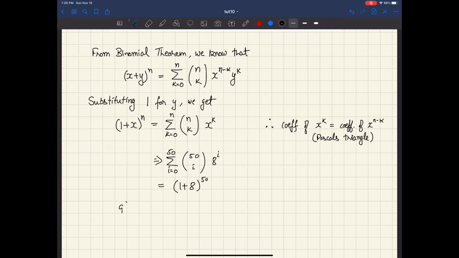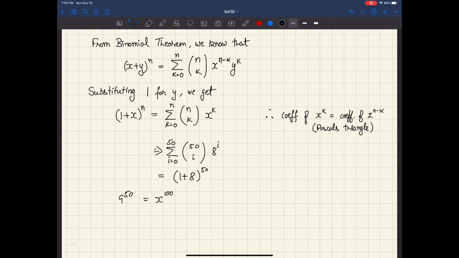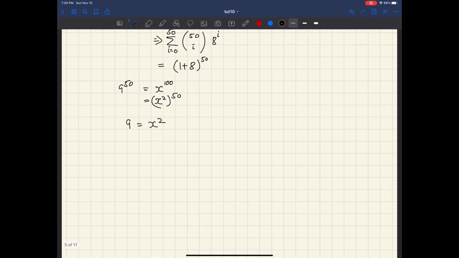And our right-hand side of the question was x to the power 100. So 9 to the power 50 is equal to x to the power 100. This can be written as (x squared) to the power 50. Therefore, x squared is equal to 9 and x is equal to plus minus 3. And that's our solution for this question.